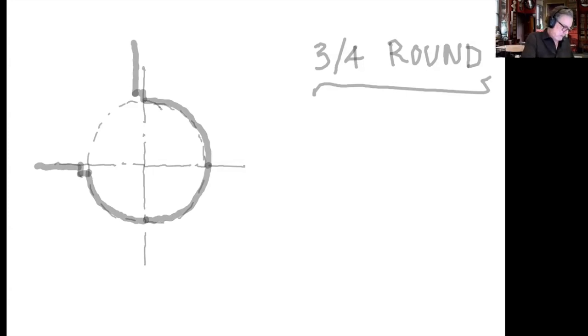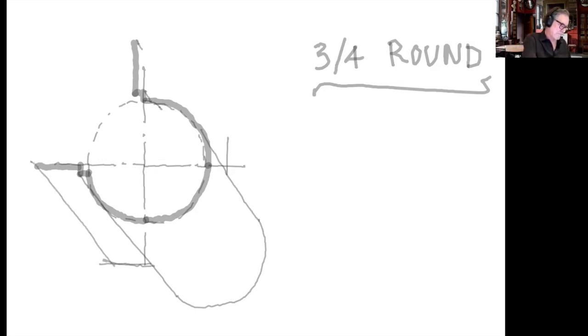We can kind of draw, and it basically just looks like a cylinder in a sense, right? So we can draw that. And we can even draw this here. But that's a 3/4 round.